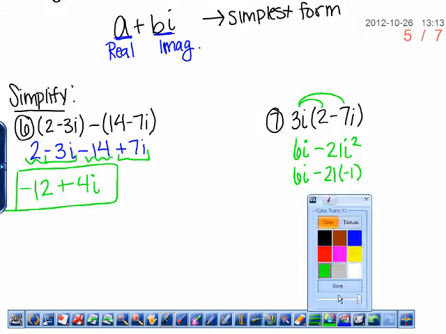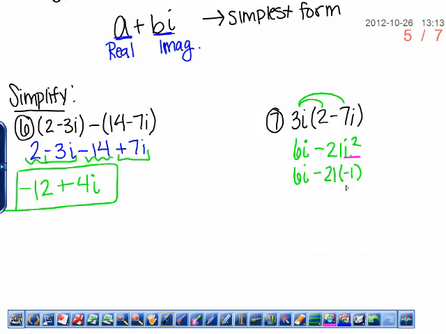Because i squared is negative 1. So 6i minus 21 times negative 1 becomes 6i plus 21. Good, I've got to reorder it to be 21 plus 6i.